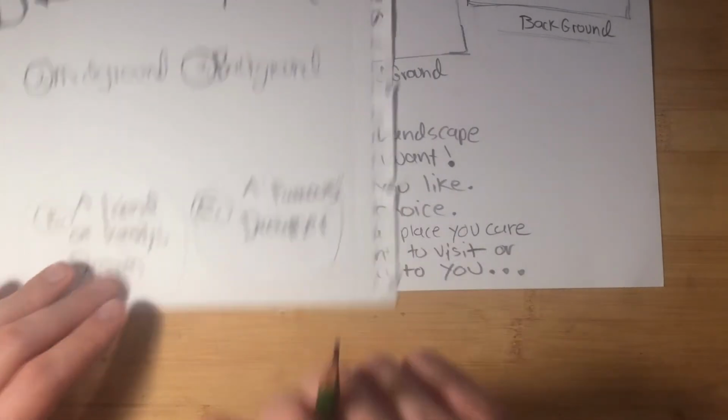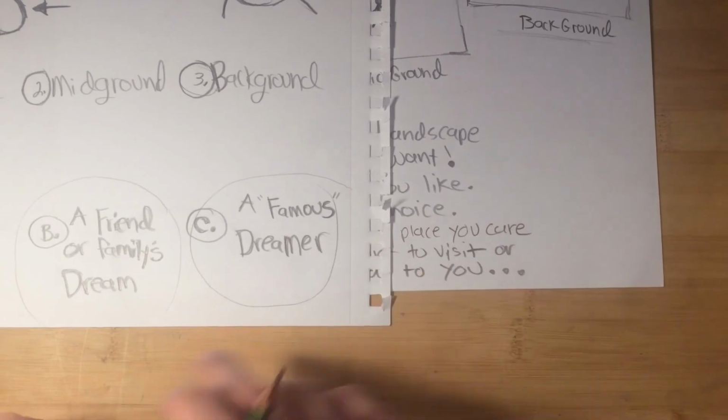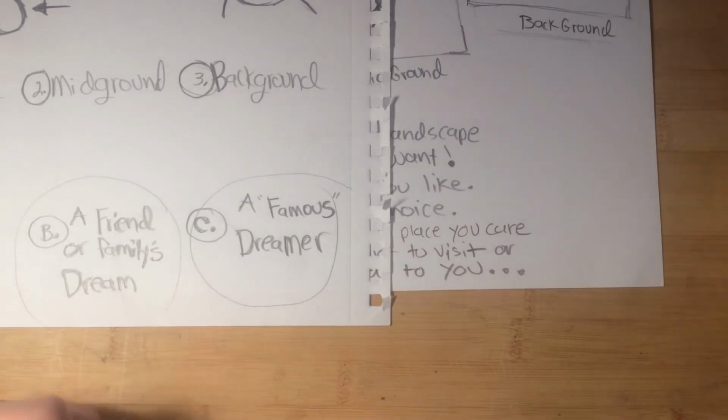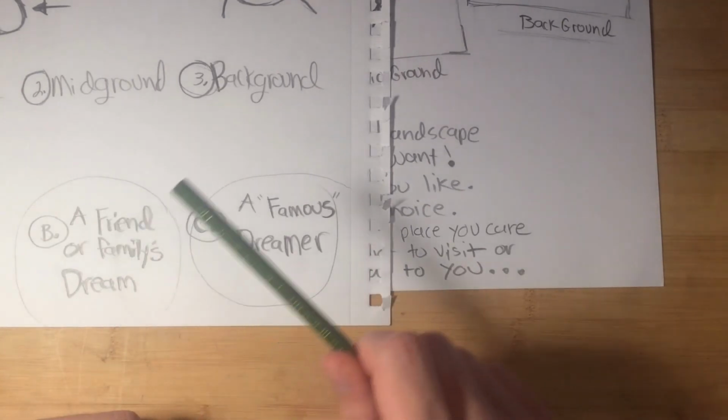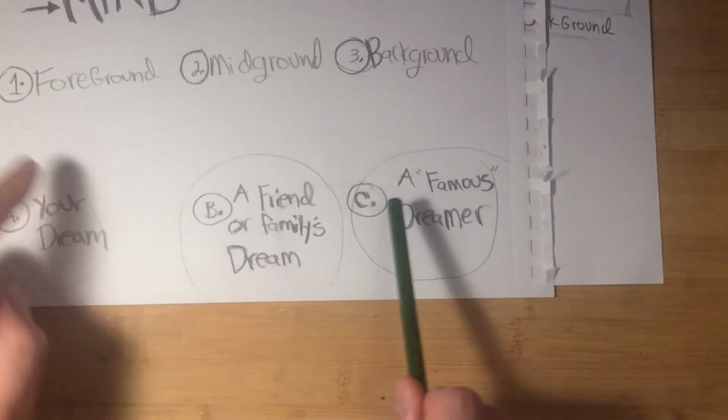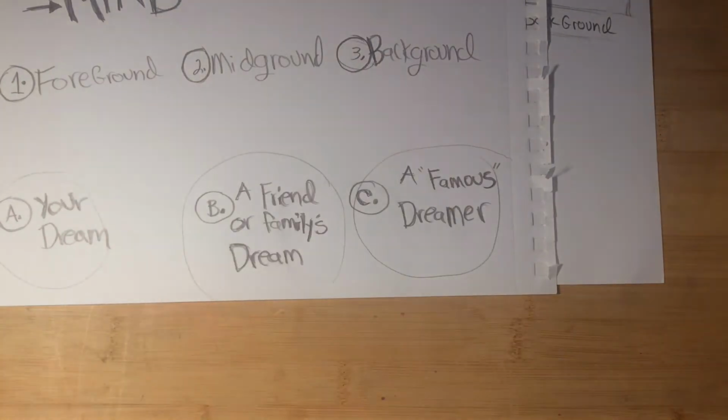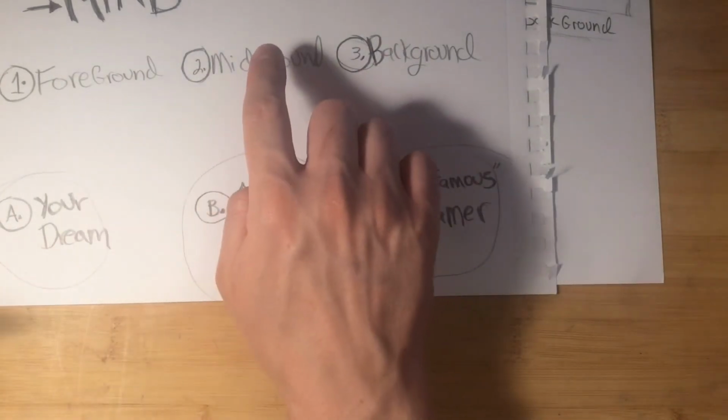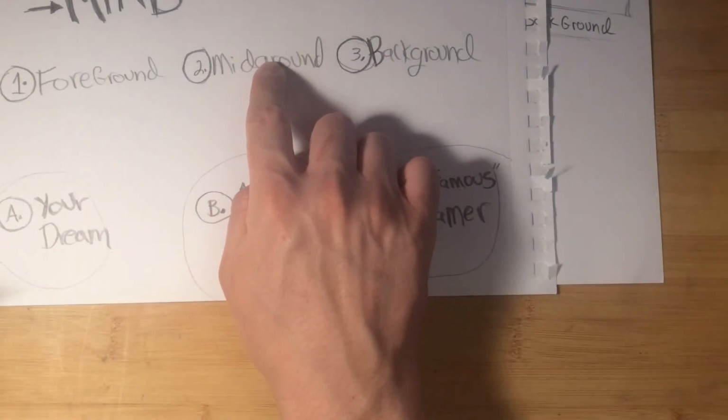And then the last part is going to be a multiple choice question. I'm going to put 5 famous dreams that famous people from history had, and you can pick one that speaks to you. And you're going to incorporate these into the foreground, midground, and background, right? So one of these dreams is going to get drawn into the midground of your landscape, right?